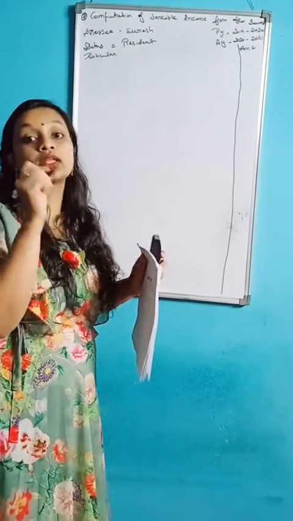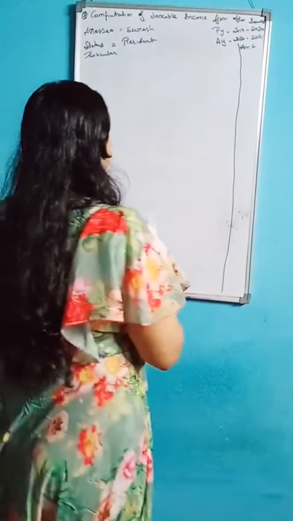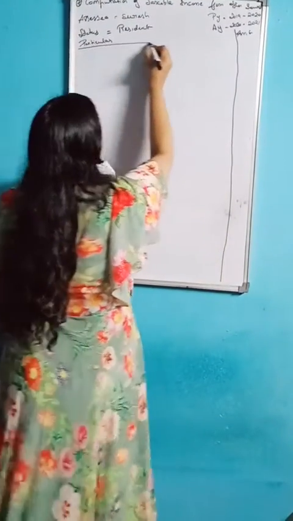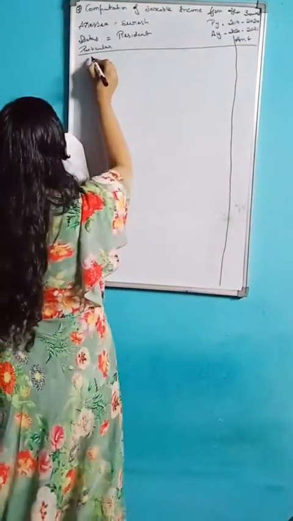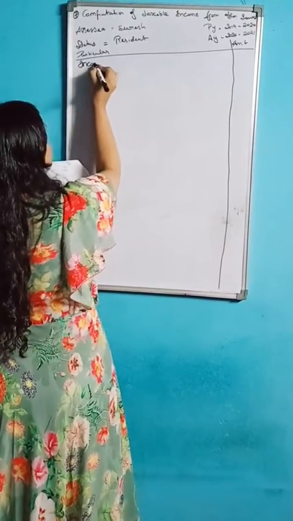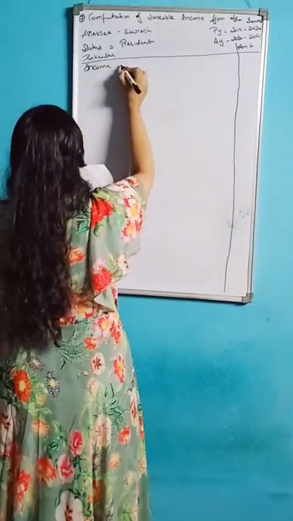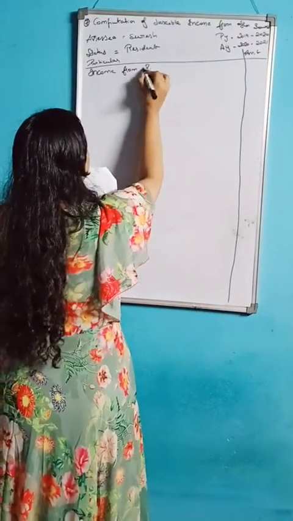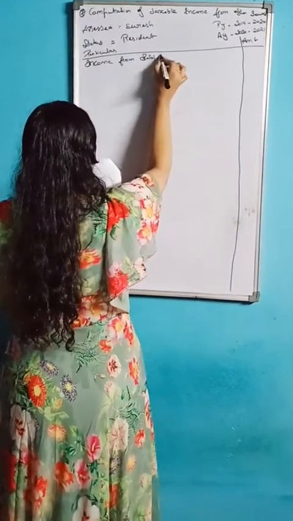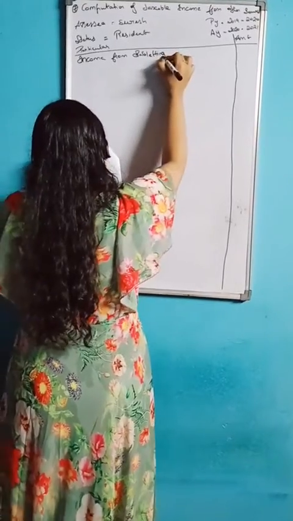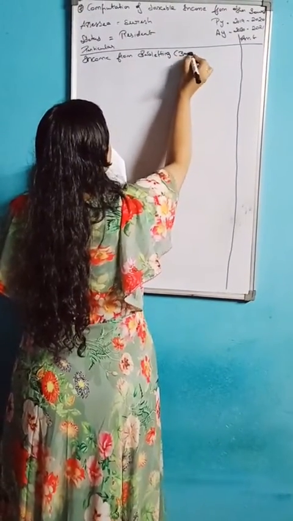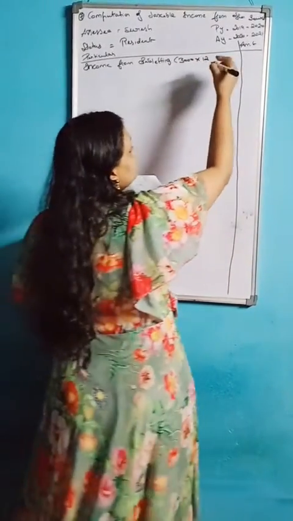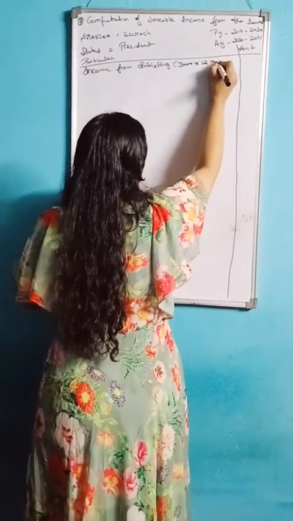So 3,000 into 12. I told the format, right? Based on that we will apply from here. So income from subletting, that is 3,000 per month, so 12 months.